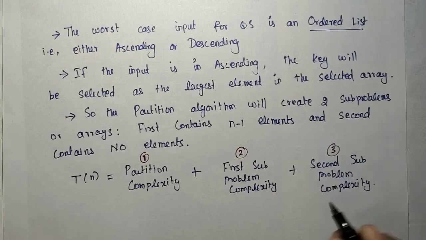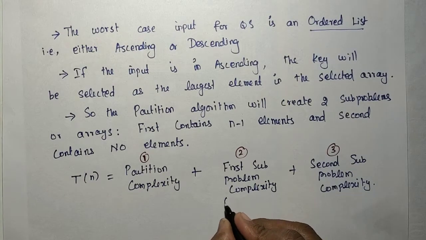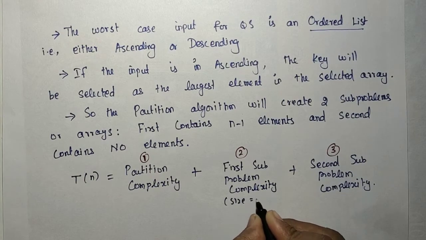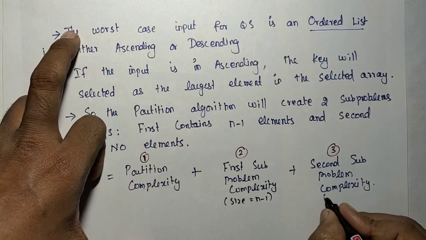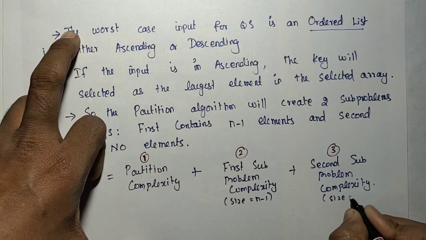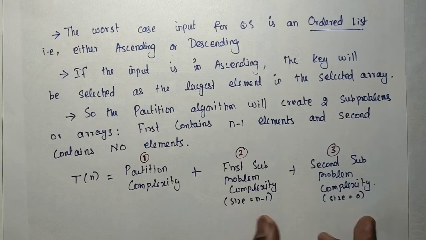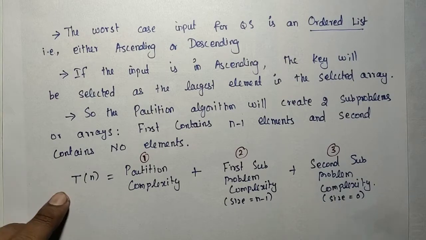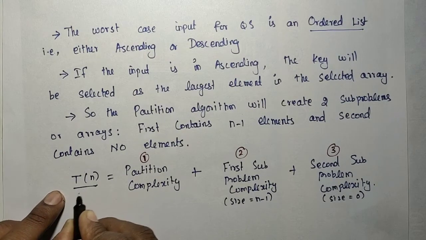And third step, the second subproblem complexity. The first subproblem size is n minus 1, in the worst case. And here the size is 0. This is the worst case. Or this size may be 0 and this size may be n minus 1 if it is in descending order.